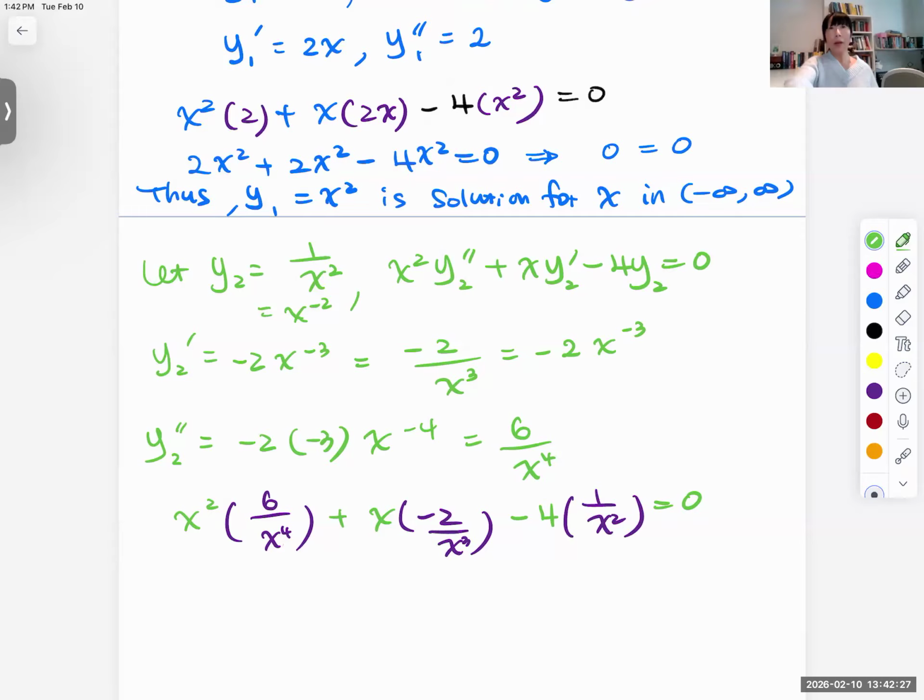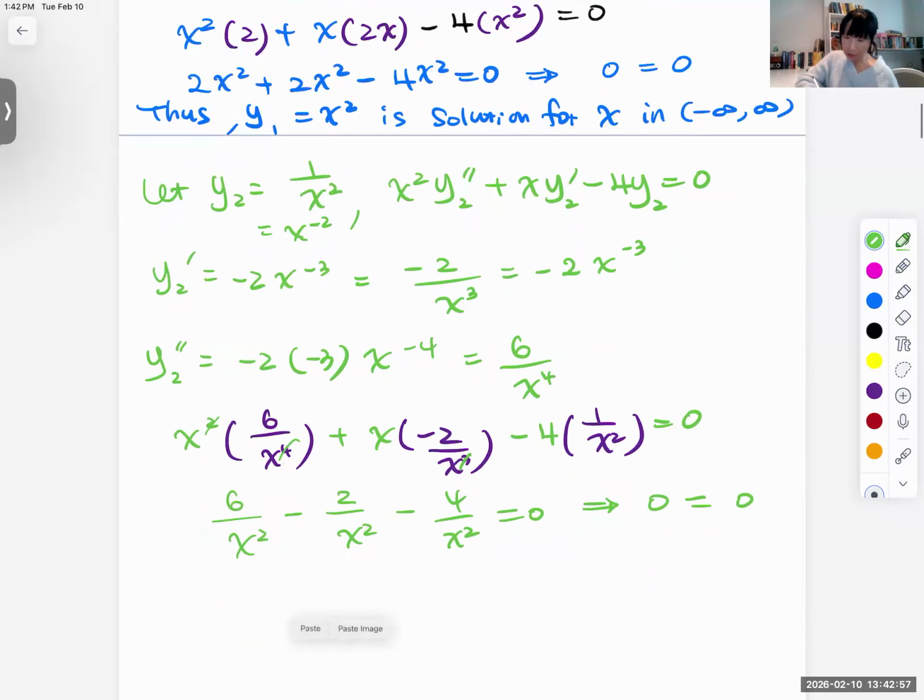Okay, let's simplify. We have 6 over x to the second power minus 2 over x to the second power minus 4 over x squared equal to 0. Yes, right? So that is 0 equal to 0. Yeah, that is a true statement.